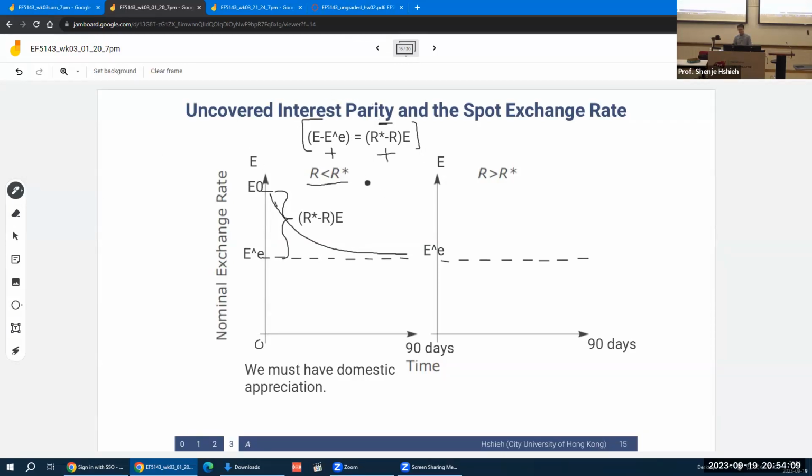And based on this equation, the left-hand side must also be negative. And therefore, our spot exchange rate must be below E hat E today. It has to be below today.